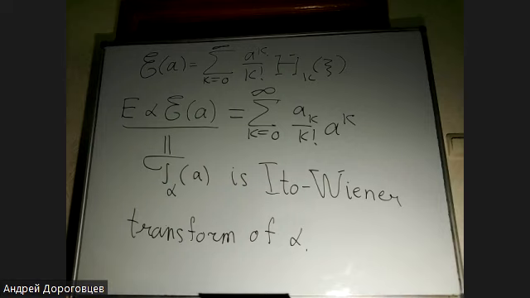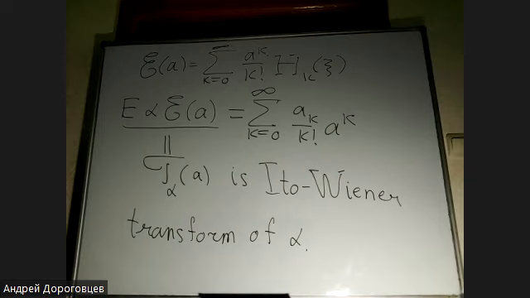So today we constructed Hermite polynomials. We were able to prove that they are dense, that they form an orthogonal basis in the space of square integrable functionals of the Gaussian random variable. We discussed the stochastic exponent and its properties.